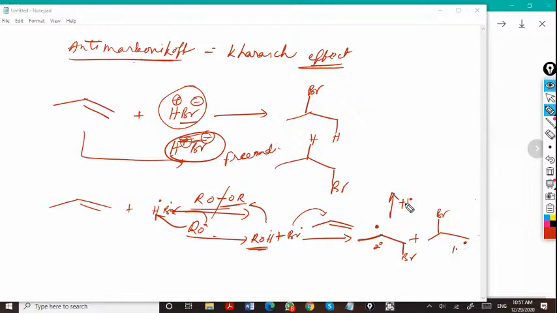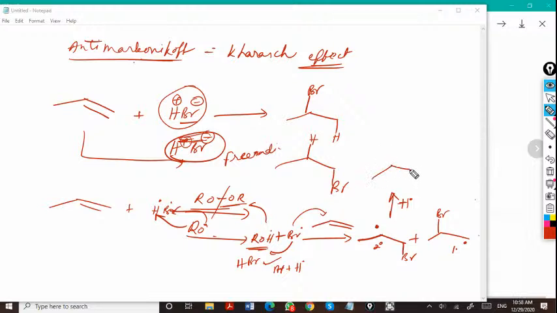Further hydrogen radicals are released, or you can also find the radical formation from this itself, when one more Br radical is treated with HBr. It is going to form Br2 and H radical. So radical formation will be extended in different ways once it is initiated.